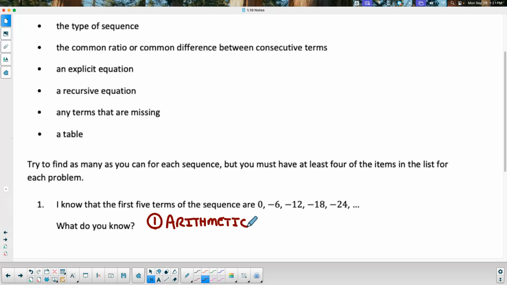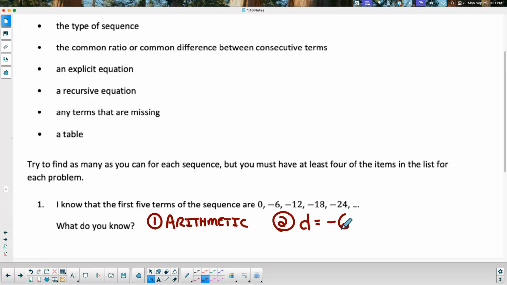We already established what type of sequence it is, so we might as well just work down the list, right? What do we know on the second one? Common difference is 6. Common difference is negative 6, yeah, because we're going down. So that would be the second thing that we know: our common difference, because it's arithmetic, is -6.